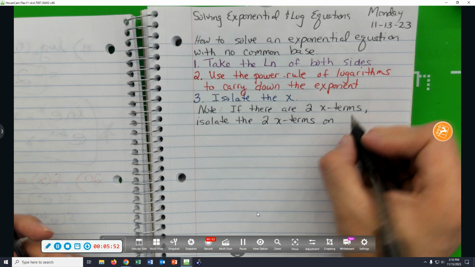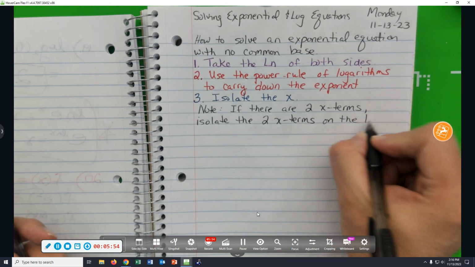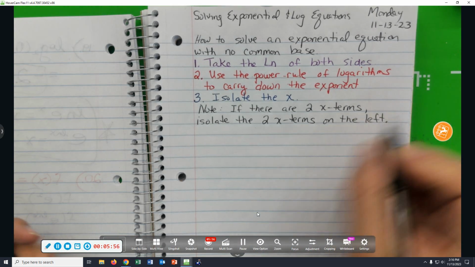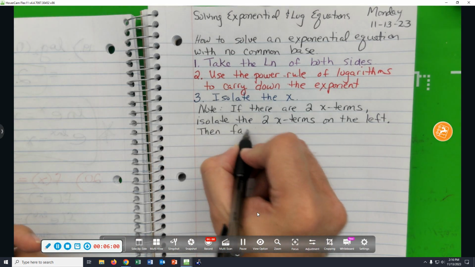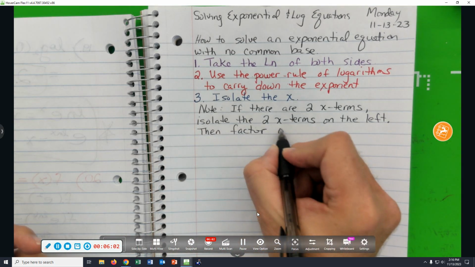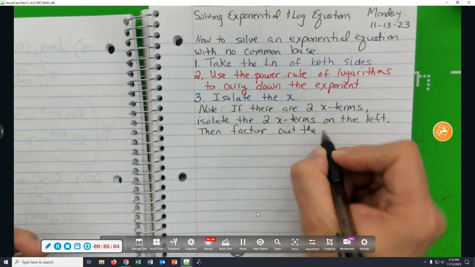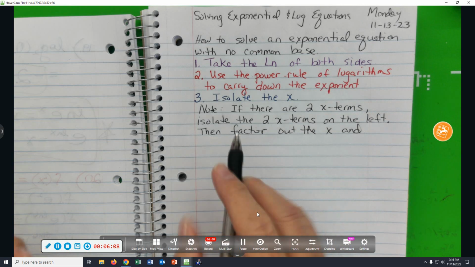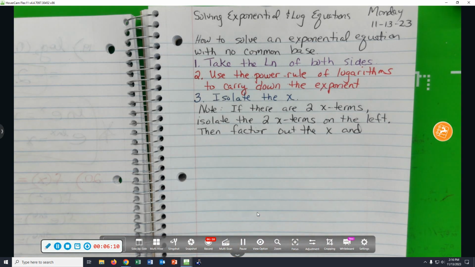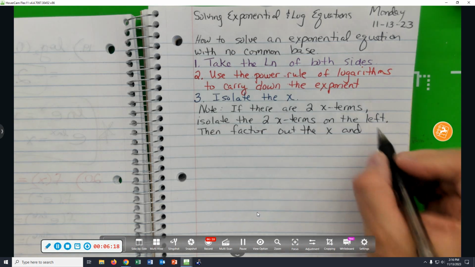I'm just going to say on the left. And once you've done that, factor out the x and divide. That's how you isolate the x. If there's 2 x's, you put them together on the same side, factor the x, and divide.